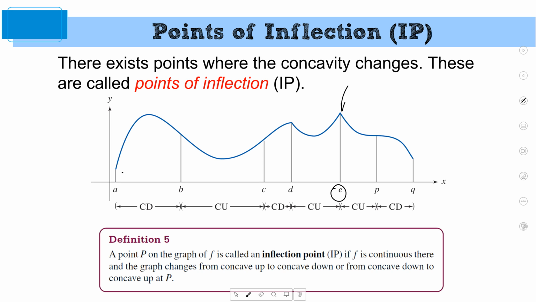Okay, so let's just take a chunk of the graph. Let's look at this point, from here to here. I have two questions. What can you tell me about the derivative of that red part of the graph? And what can you tell me about the second derivative of the graph?